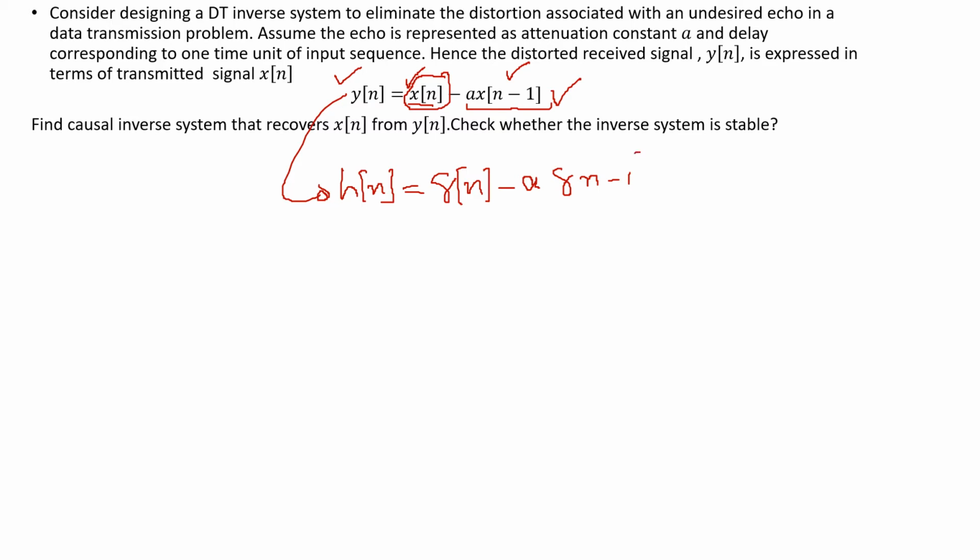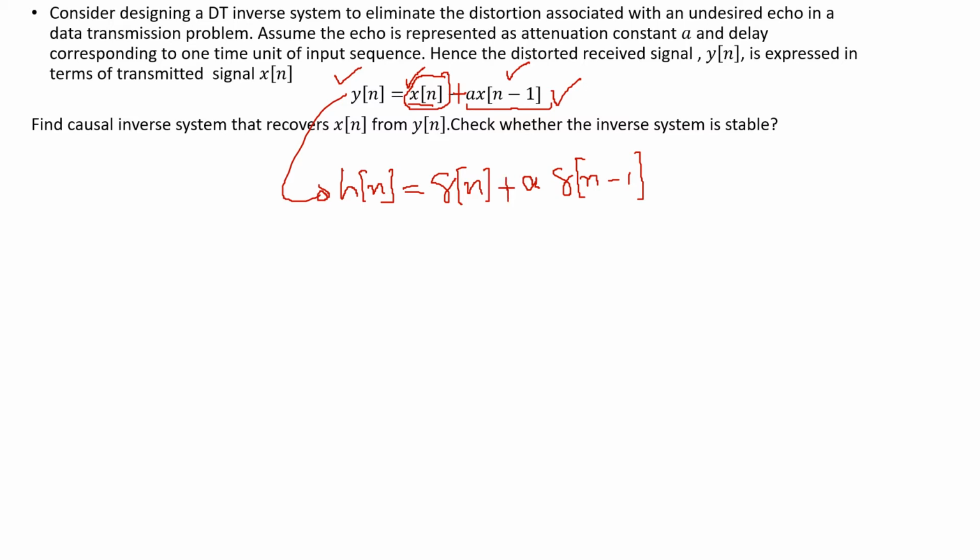That is our system, and we have to design an inverse system that recovers x of n. One mistake here: basically this is a plus sign here. Okay, so it will be this one.